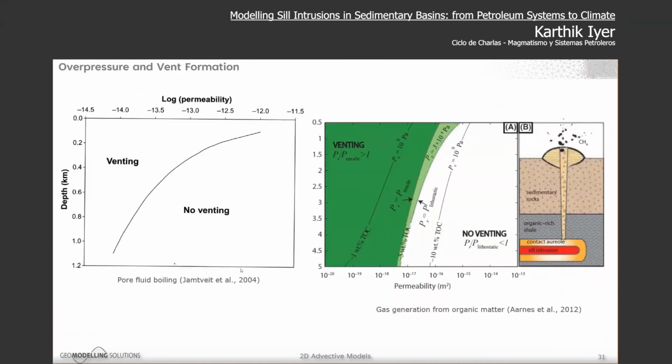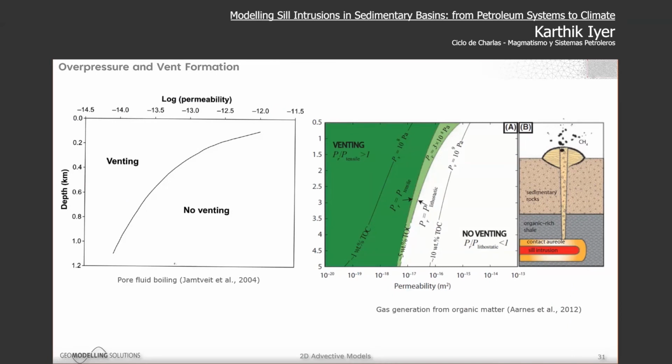But we also knew that overpressure could potentially be generated either due to boiling of pore fluid, which is water, brine, that creates gas, and then you expand it and then fractures, increase fluid pressure and fracture the rock. Or we also know that a lot of gas can be generated from organic matter very suddenly due to sill intrusions.